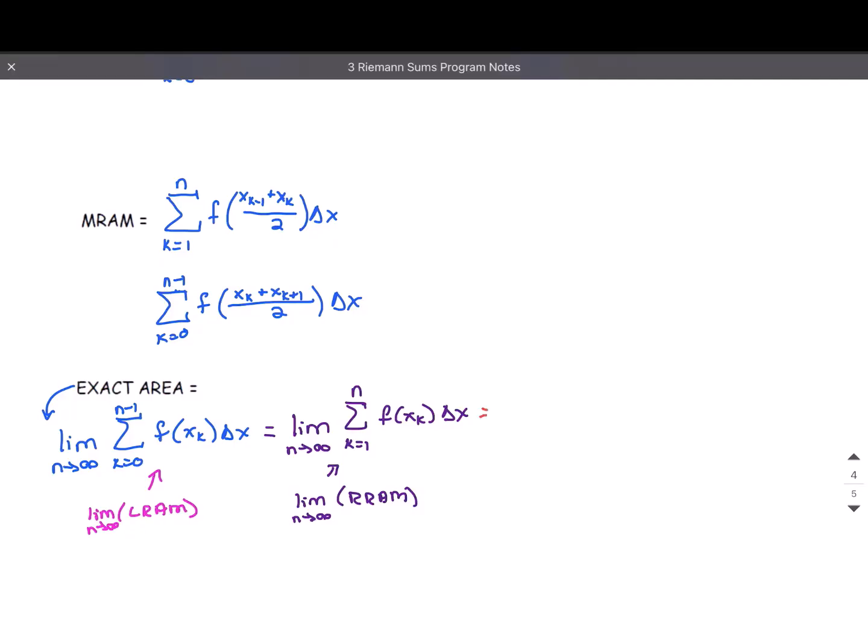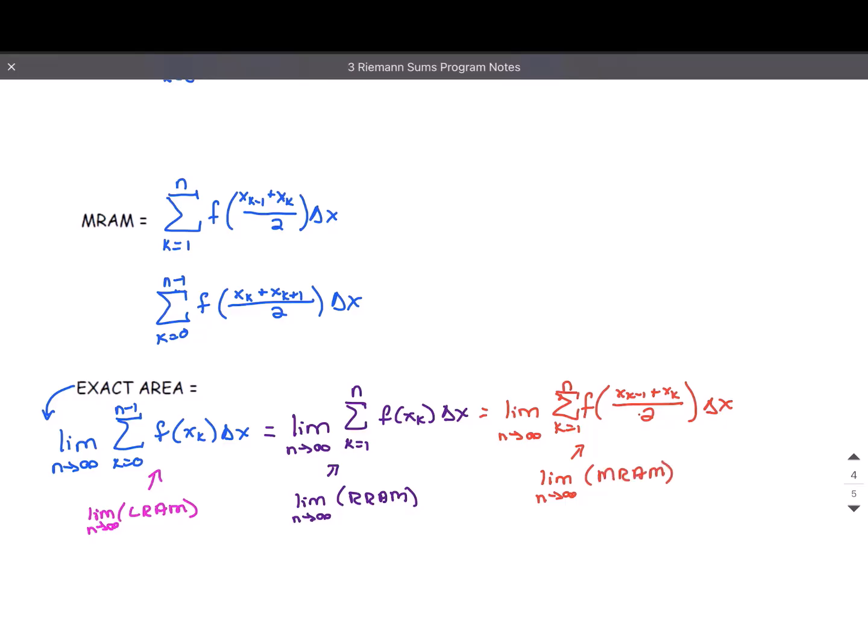And that's the same as the limit as n heads to infinity of the summation of k goes from 1 to n of x sub k minus 1 plus x sub k all over 2, f of, lost my f, of, times delta x, okay? And that is your limit as n heads to infinity of your MRAM.